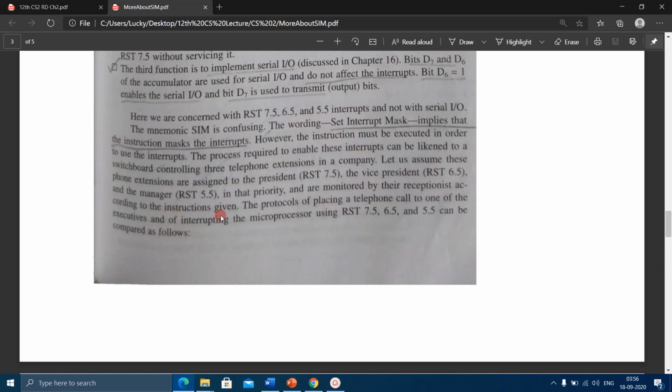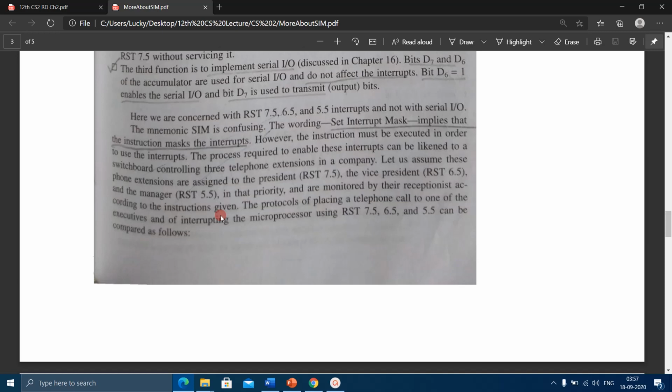The telephone calls coming to the respective executive will be monitored by the receptionist. The receptionist will be monitoring which calls should be transferred to the respective executive, whether the phone call received by the receptionist for the President should be forwarded to the President or not.